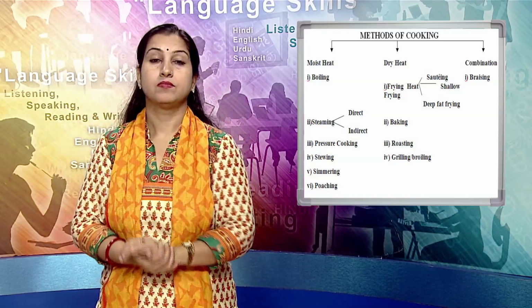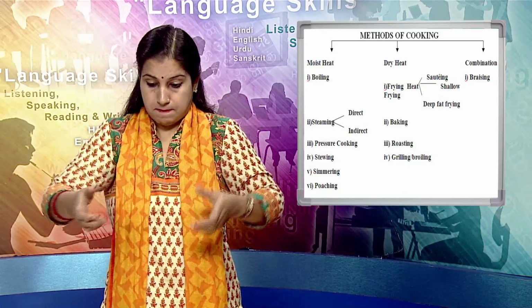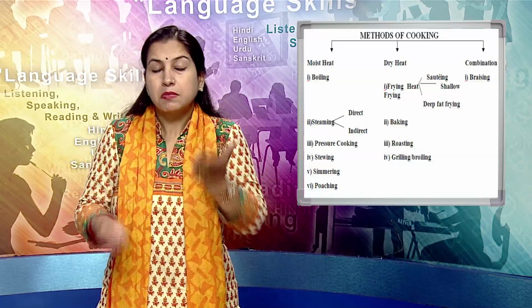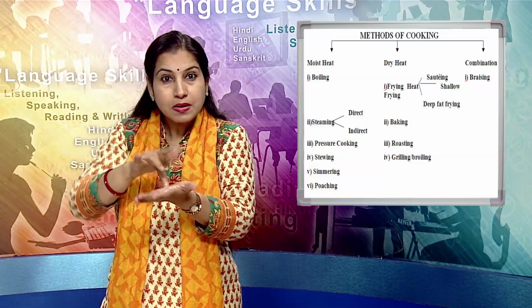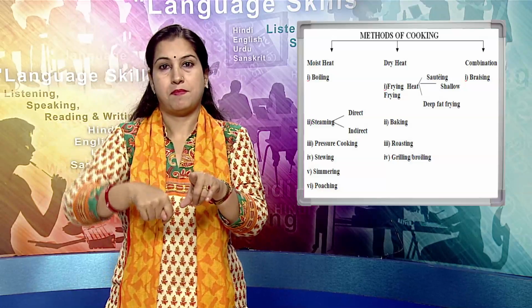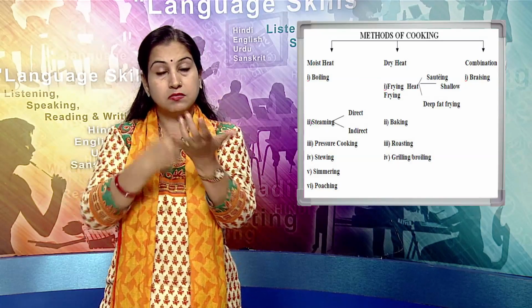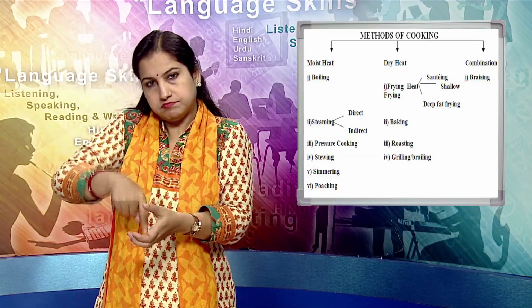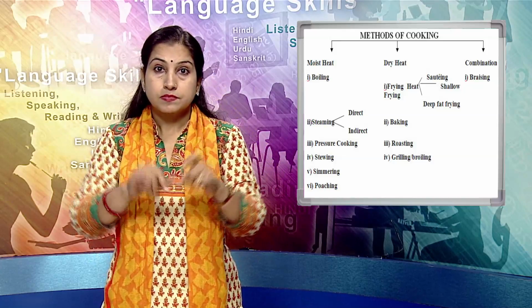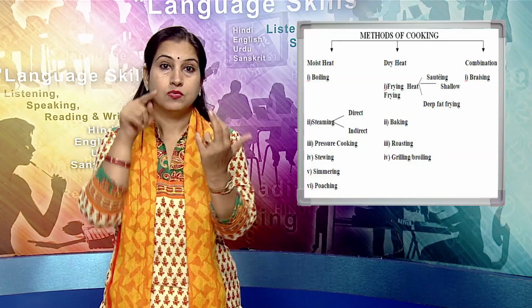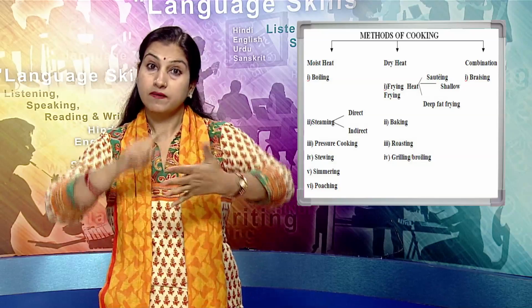The third point is pressure cooking. You must have seen a pressure cooker at your home. That same cooking in a pressure cooker is pressure cooking. The fourth one is stewing. The fifth one is simmering.